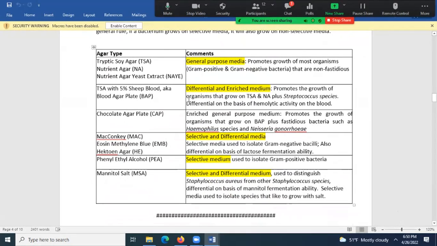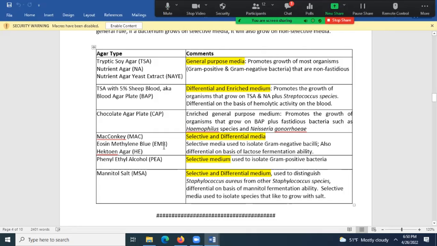It is both differential and an enriched media. It's differential in that it can detect different types of hemolysis. And then there's chocolate agar, or CAP, CAP for chocolate agar plates. It's a general and enriched media.